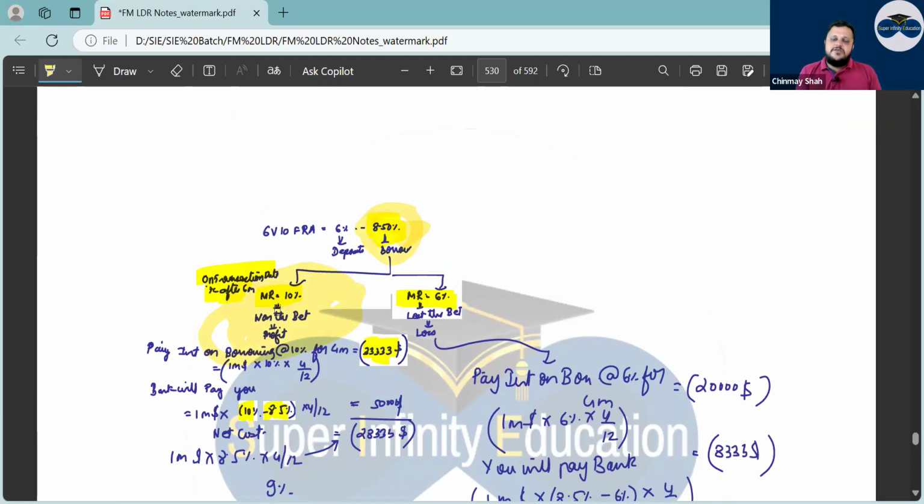This is a borrower's case. Tell me whether the bet is won or lost. 8.5% borrowing FRA, 10% market rate. Won or lost? Won, sir. We won.